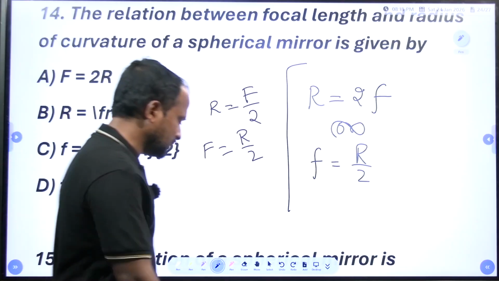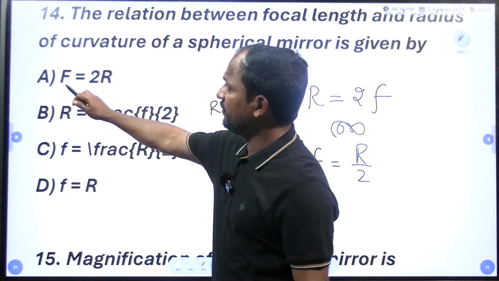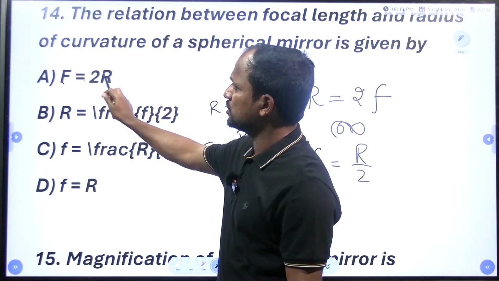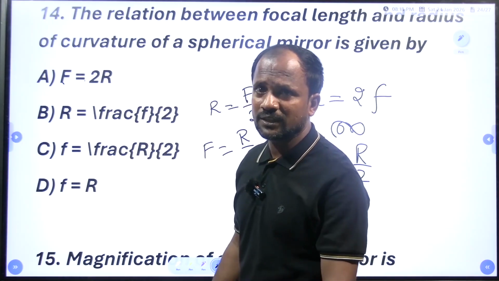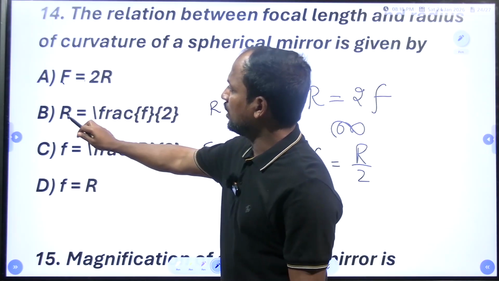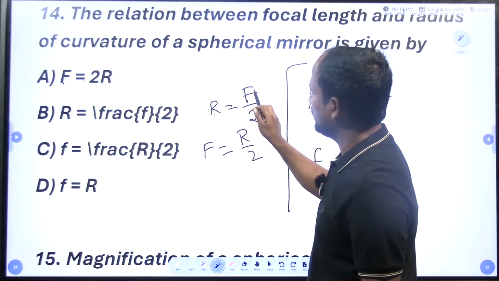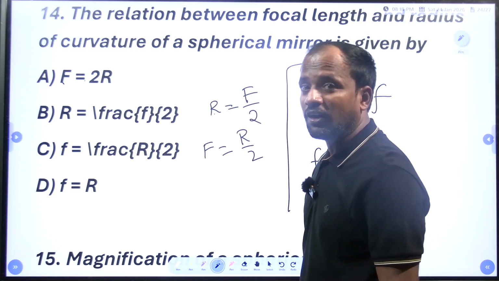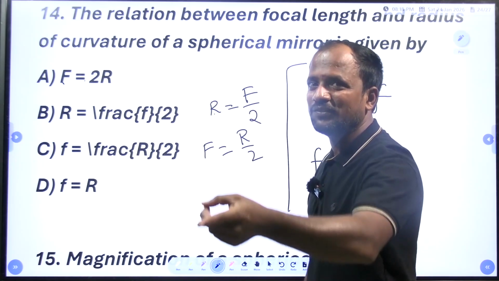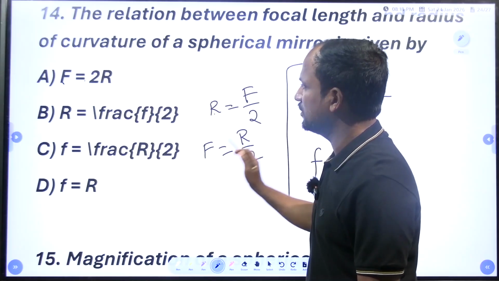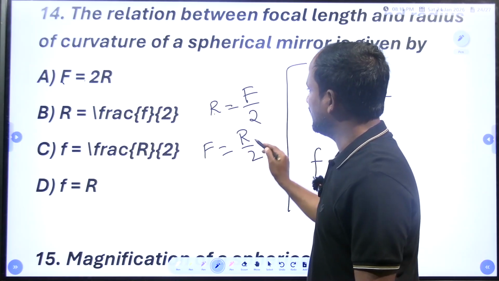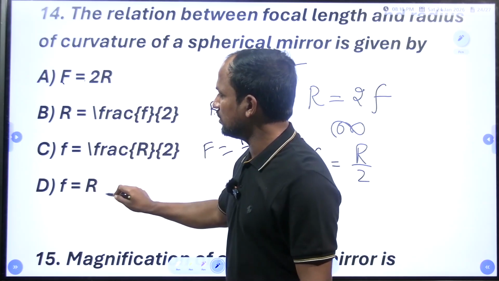Now observe the options. f, the focal length, is equal to 2 into radius: wrong. R is equal to f by 2: the focal length is half of the radius, but it is given in reverse, so it is also not correct. f is half of the radius: correct answer. f is equal to R: wrong.